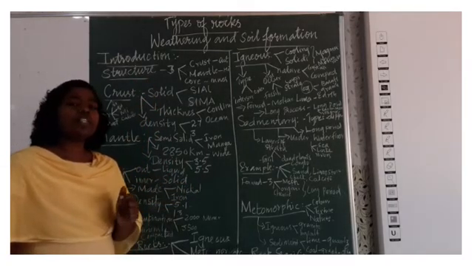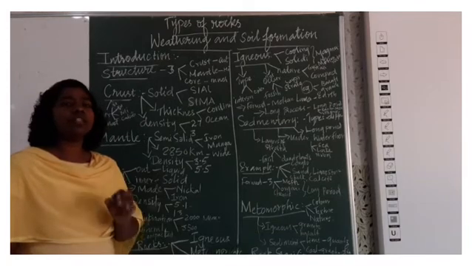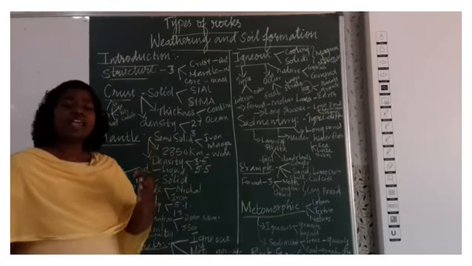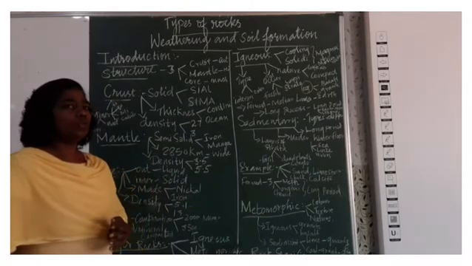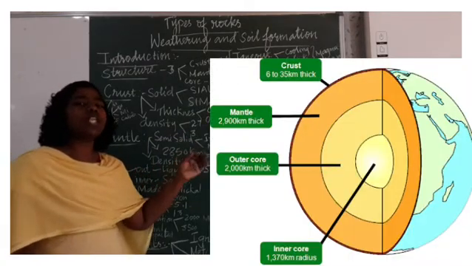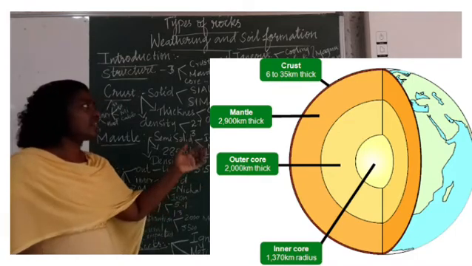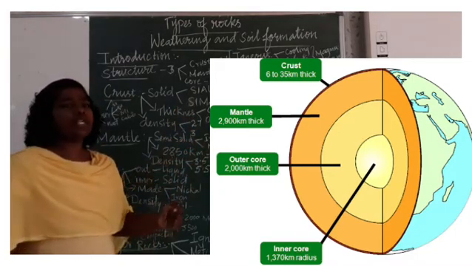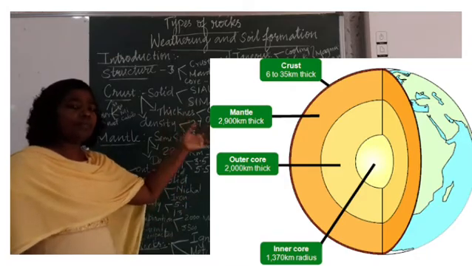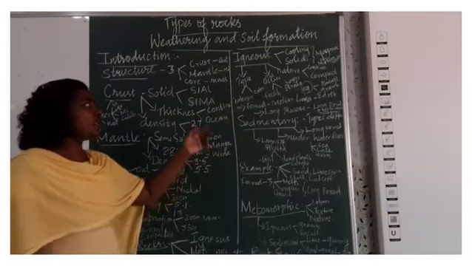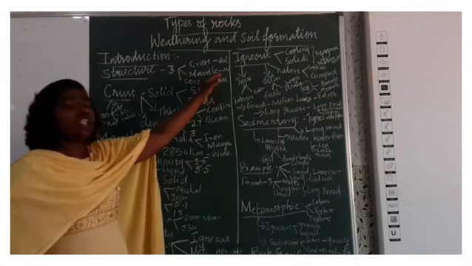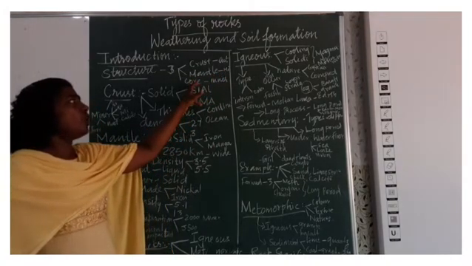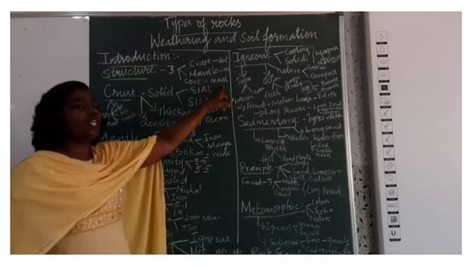When we talk about the structure of the earth, there are 3 important structures or layers in the earth. Okay, the topmost layer of the earth is called crust, and below the surface of the earth, we can find the mantle. It is the middle layer of the earth, and the next one is core. It is the inner layer of the earth.